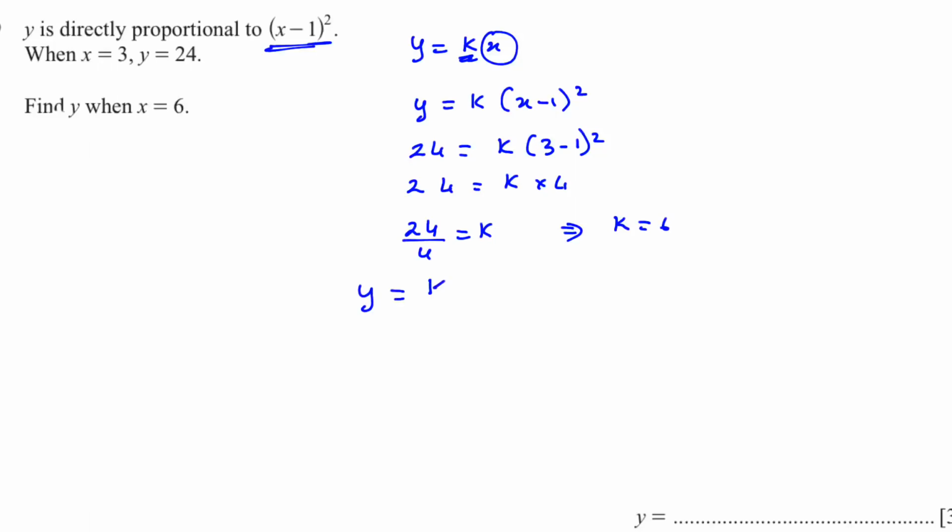Y is equal to, replace the k with 6, x minus 1 square. Now it's a simple case of substitution. In place of x, we will put 6. And this will give us 25 multiplied by 6, 150. So that's our answer.